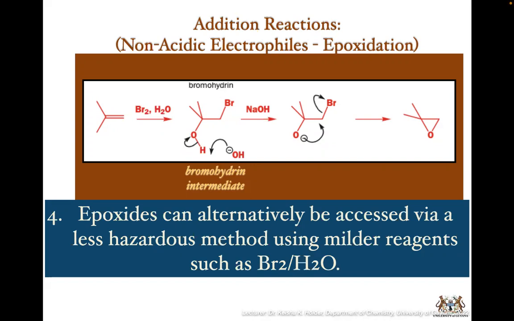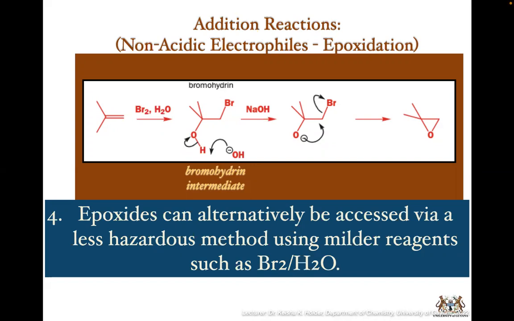So when we look at this reaction, we're able to see that in the first case, the bromine is going to do what we expect bromine to do, which is brominate the alkene.